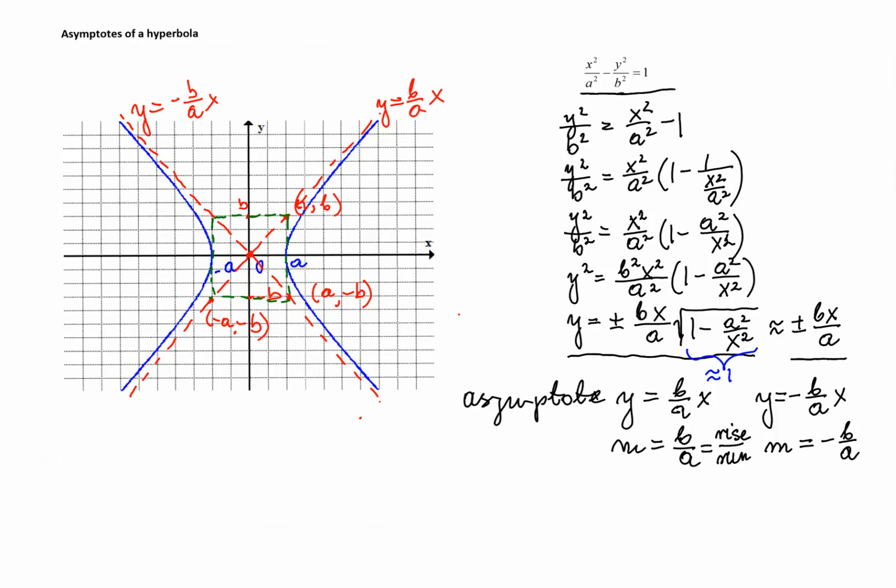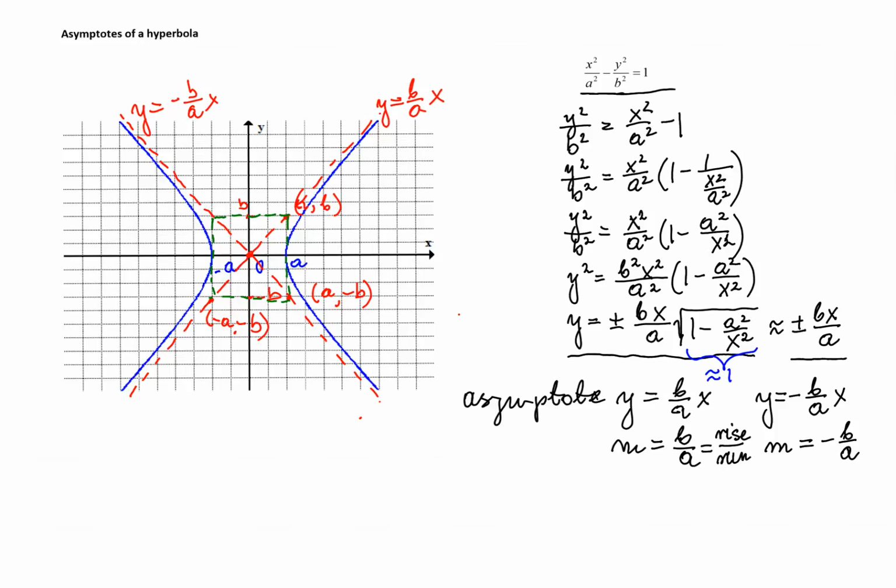Often this rectangle is called the hyperbola rectangle. Okay, these are the points through which the asymptotes go, and they are formed by simply drawing this rectangle.